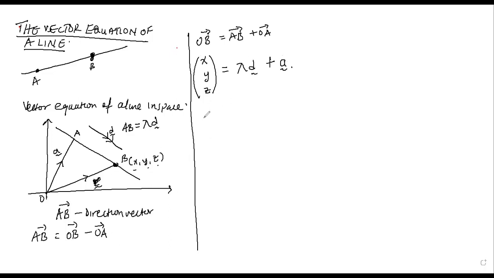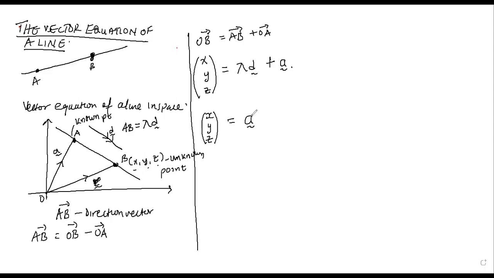Now this means that X, Y, Z, an arbitrary point that lies on the line, is equal to a known point with the position vector A on the line. So we assume this A is already known. This is a known point. This one is an unknown point.